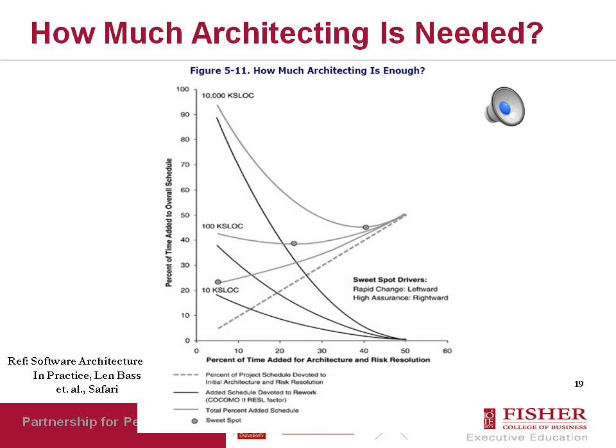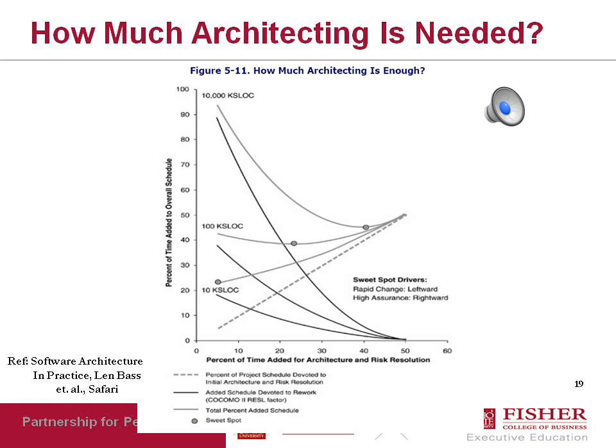So finally, we close with a slide that talks about the benefits of architecting, basically spending time designing the architecture before building the system. So there are two sets of lines here. The gray line shows the impact to the schedule because of doing architecture.